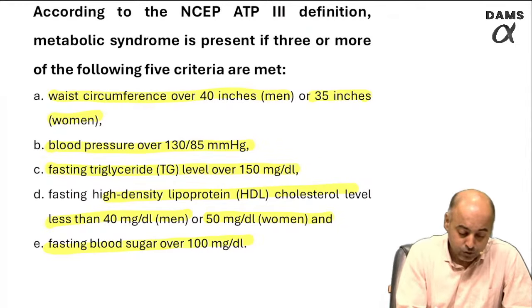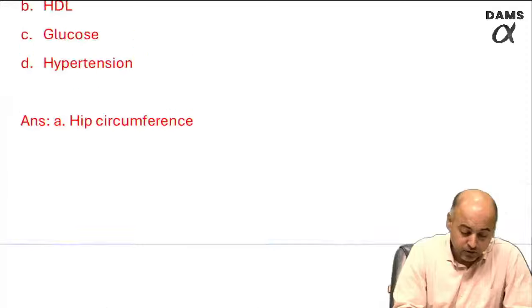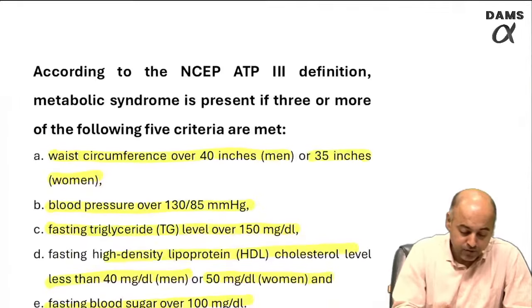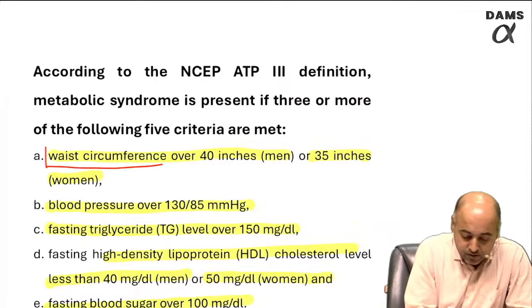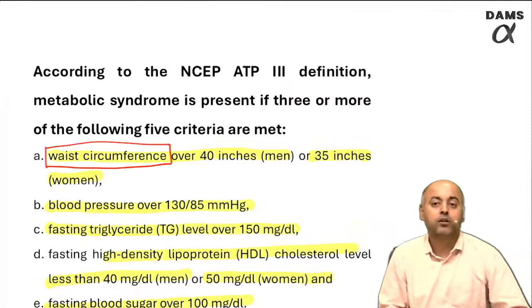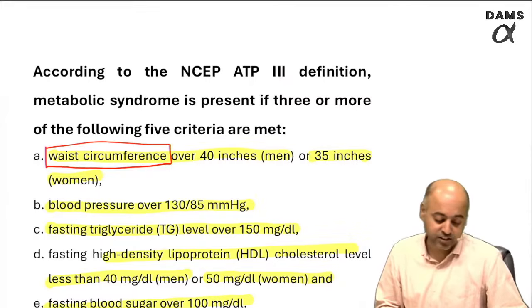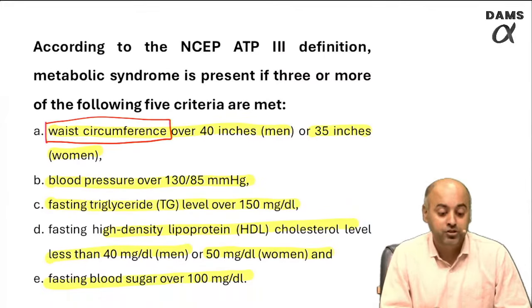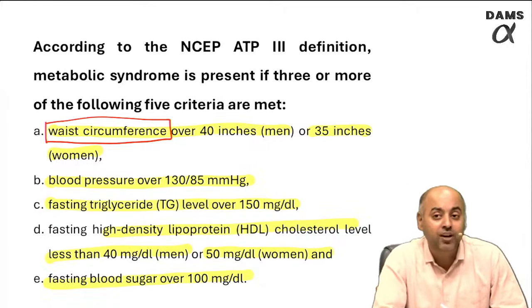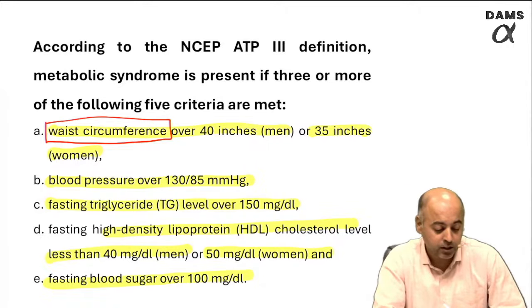Okay, so what you can see here from the question, the hip circumference is not asked, it is the waist circumference. So we're not looking at the WHR, the waist hip ratio. Hip circumference is not a part of the metabolic syndrome definition. So please remember these 5 points about metabolic syndrome.